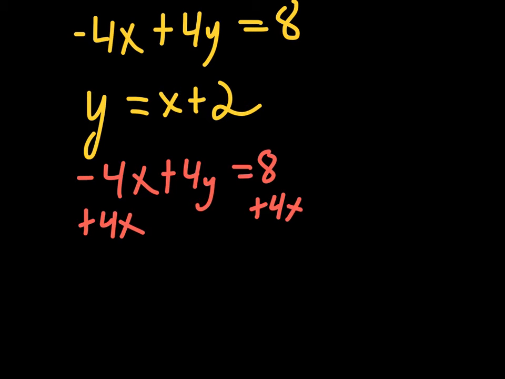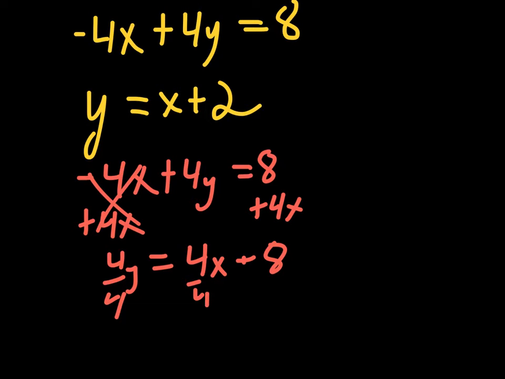Remember doing the inverse operation. That leaves me with 4y equals 4x plus 8. Divide by 4, divide by 4, divide by 4. That cancels out, and I'm left with y equals 4 divided by 4 is just 1x, or x, and 8 divided by 4 is 2.